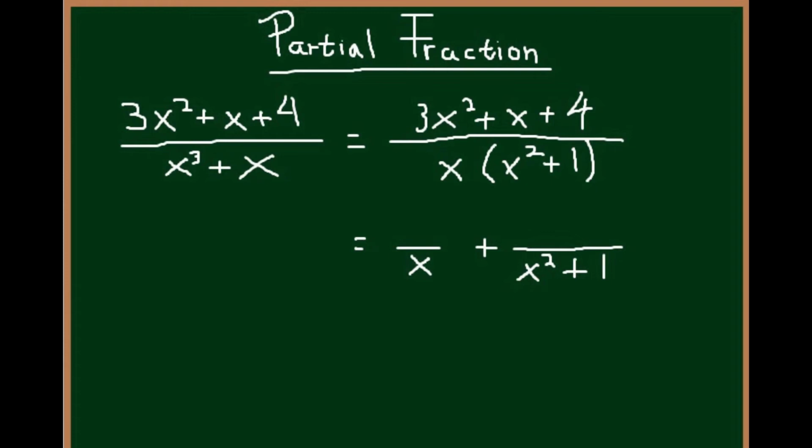Next, we have to write a polynomial expression on the numerator with one less degree than the denominator. For this one, we write a constant on the numerator. And in this case, the denominator is a quadratic polynomial, so we have to write a linear polynomial expression on the numerator, for example, bx plus c.